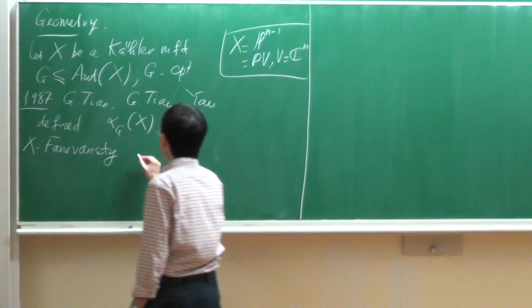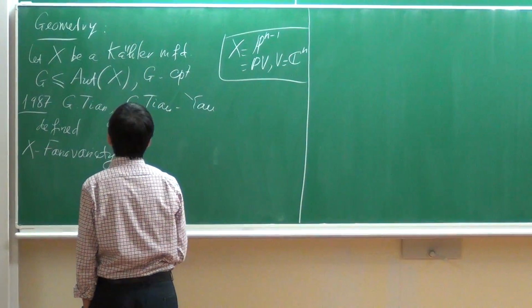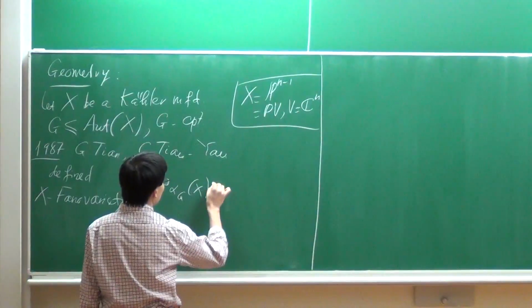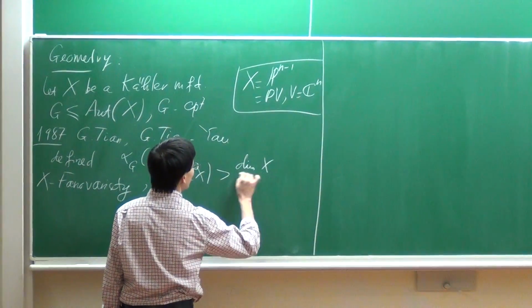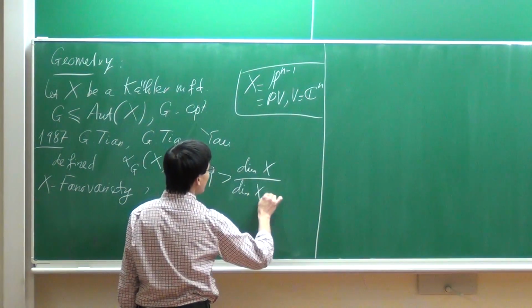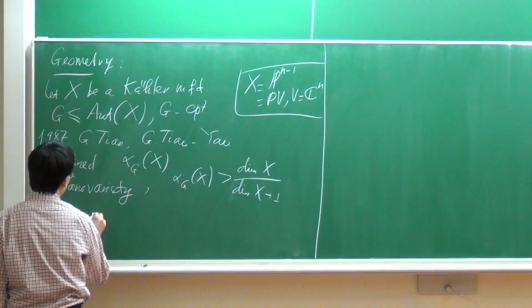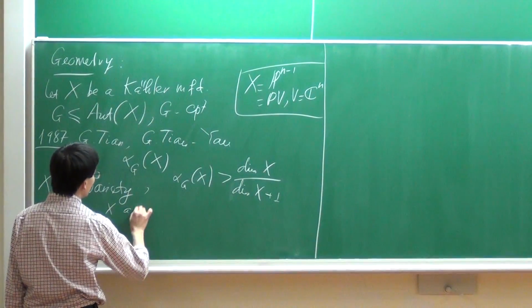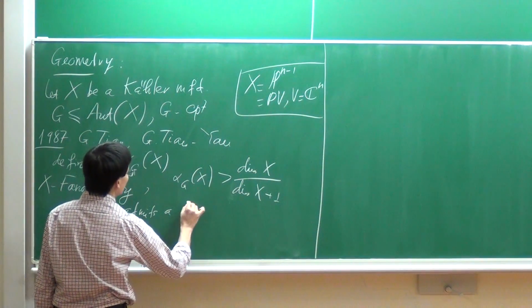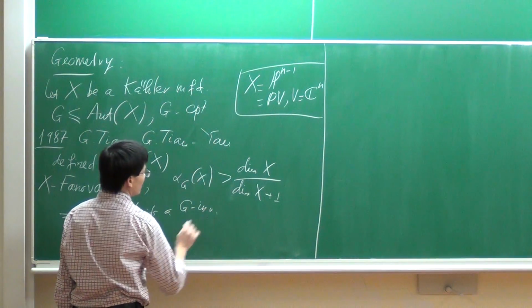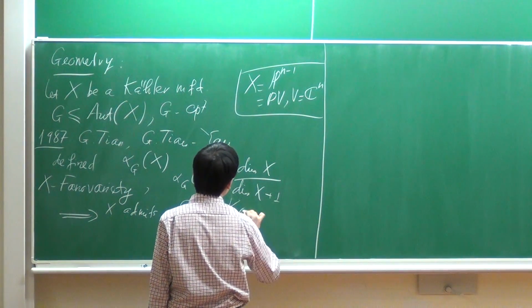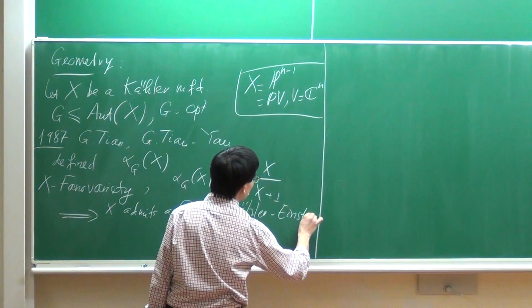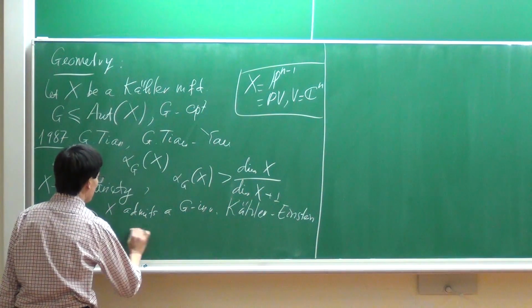So Tian showed that if X is a Fano variety, and suppose that the alpha invariant of X is greater than the dimension of X divided by the dimension of X plus 1, then in this case X admits a G-invariant Kähler-Einstein metric. So it was a very important result in geometry.